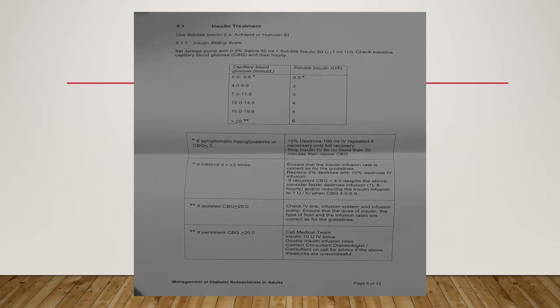If the patient has capillary blood glucose of 4 to 6.9, we give 2 units; 7 to 11.9, we give 3 units; 12 to 14.9, we give 4 units; 15 to 19.9, we give 5 units; and more than 20, we give 6 units.